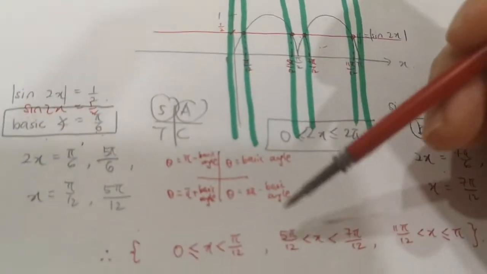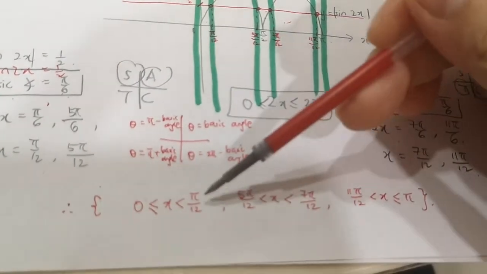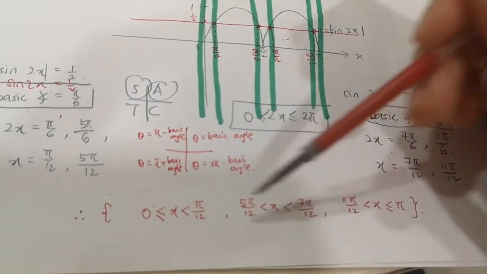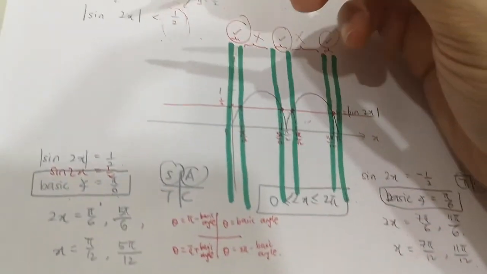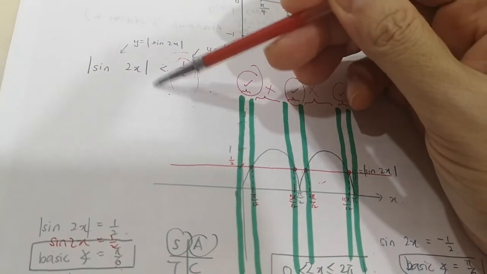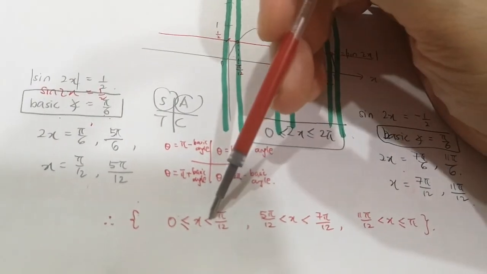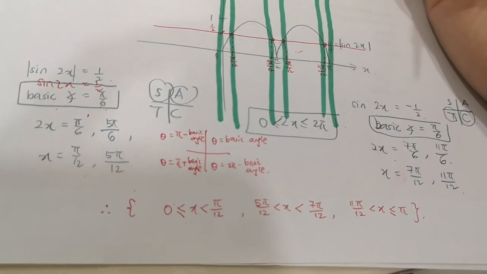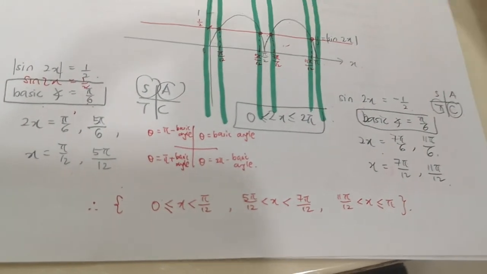That's why I put an equal sign for 0 and pi. And for the other answers, which are not 0 and pi, I just write without the equal sign, because the question has no equal sign. So I just follow the question. So for the answers other than 0 and pi, I put no equal sign. So this is the answer for STPM 2013.